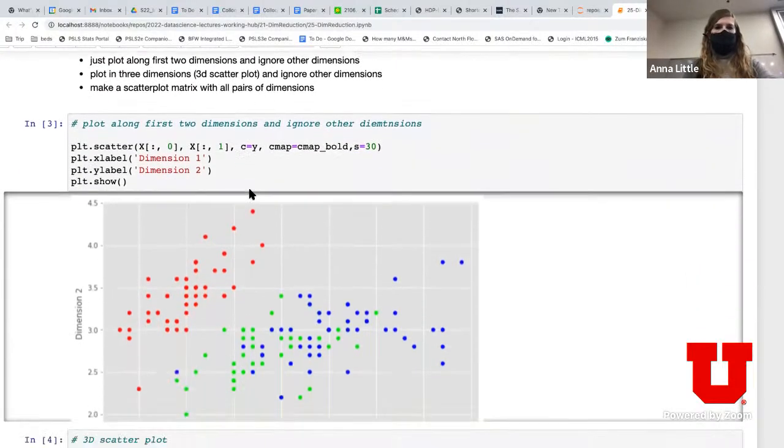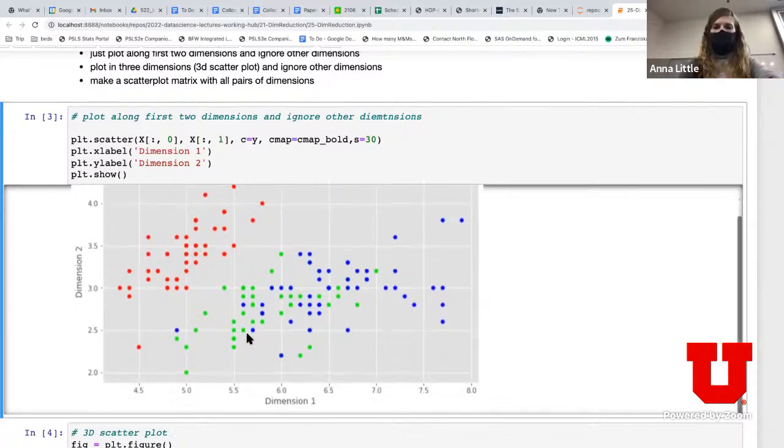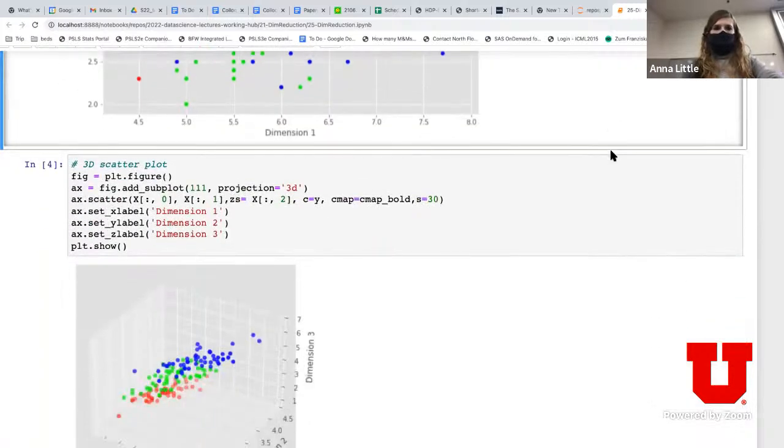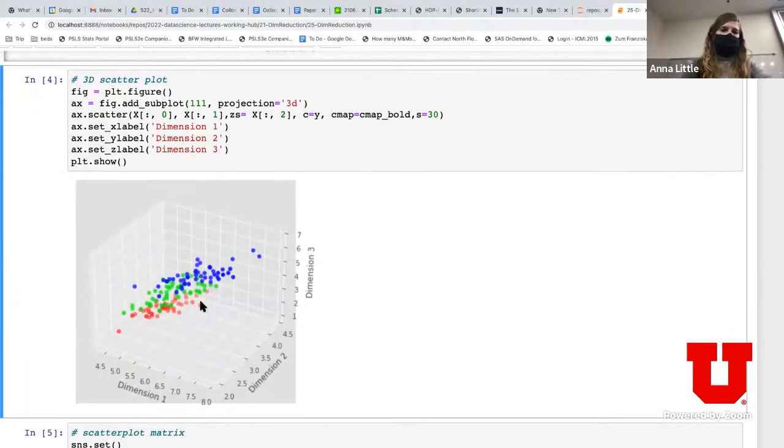Okay, so this is what we've done in the past. Just plot the first 2 dimensions, ignore the other dimensions. We don't see very good separation when we do that between 2 of these classes. Here we can do the plot in 3 dimensions, and we can see maybe the separation a little bit better than in 2 dimensions.